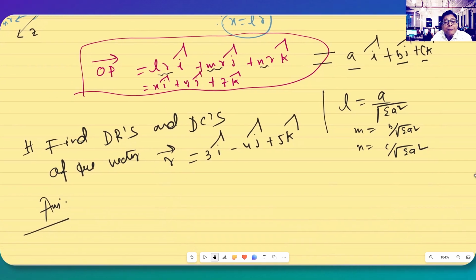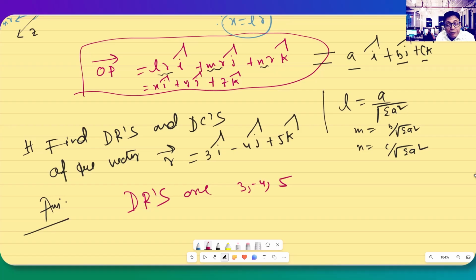Now in our present problem, if we say that the coefficients of i, j, k are direction ratios, so what is going to be the direction ratios here? DRs are 3, minus 4, 5. Then 3 square plus minus 4 square plus 5 square is 50.